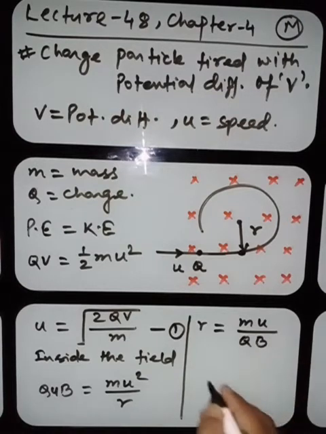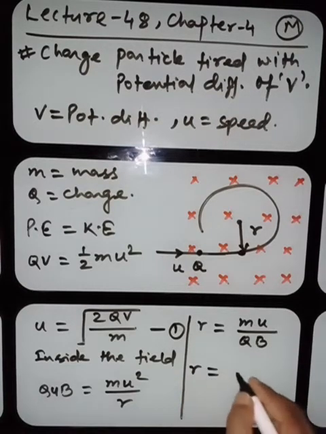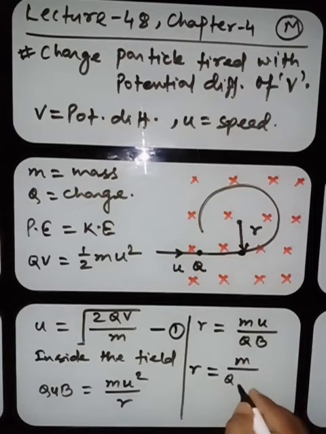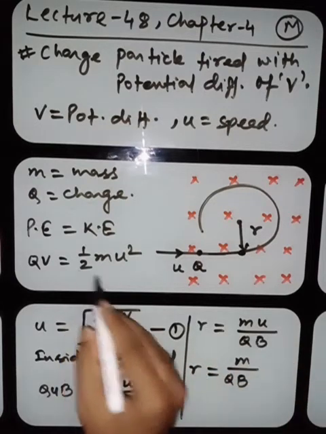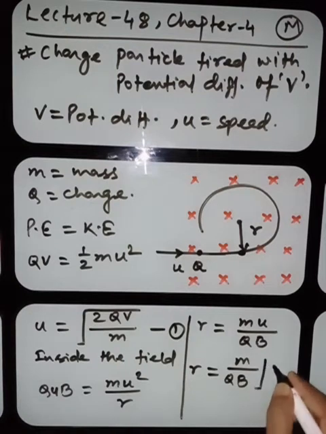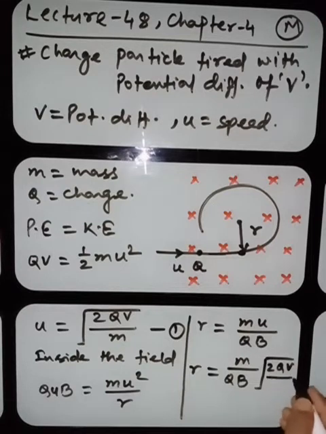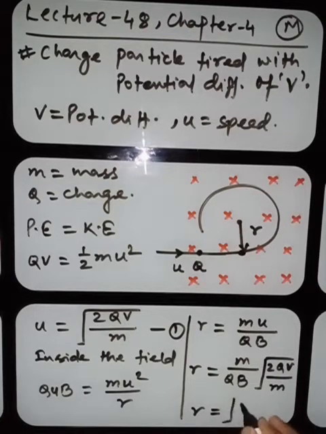Now put the value of u from equation 1, which is root under 2qV by m, where V is the potential. After solving, overall you will get r equals root under 2mV over qB square.